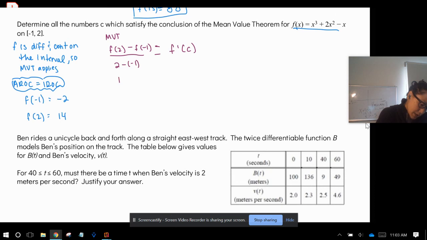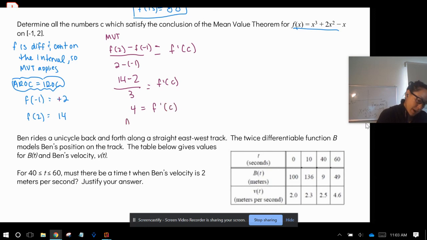So I'm going to do 14 minus 2. Nope, I said that wrong. This one is a positive 2. So it's 14 minus 2 over 3 is equal to f prime of c. So I get 12 over 3 is 4 is the average rate of change.